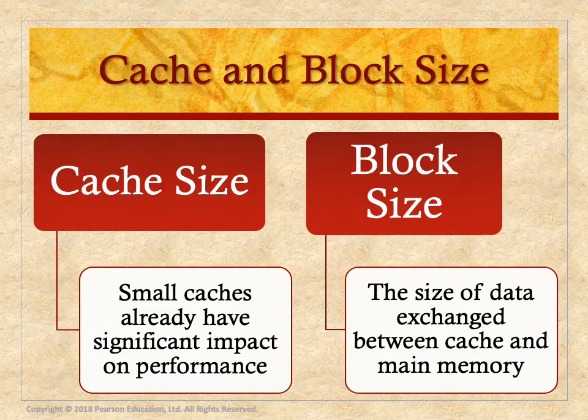We start with the cache size and the block size. When we looked at the 2-level cache example, we could already see that even small caches can have a significant impact on the performance of a computer system. Another size matter is the block size, which is the size of the data unit that is exchanged between the cache and the main memory.